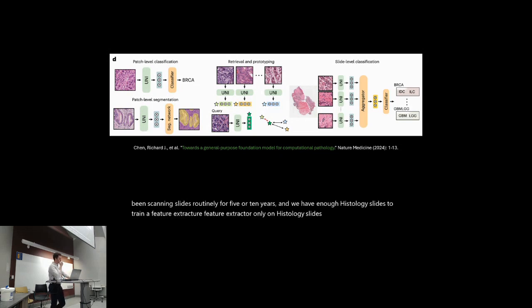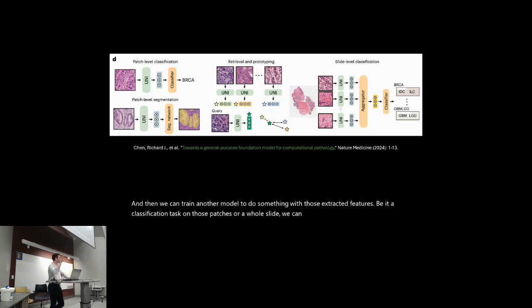So my group in Boston published one called UNI, and here's just a demonstration of the various downstream tasks you can do with these. But the key point that I want to draw your attention to is that for every downstream task, we start with the same recipe. We take a histology image, we apply UNI, we extract those deep learning-based features, and then we can train another model to do something with those extracted features, be it a classification task on those patches or a whole slide.